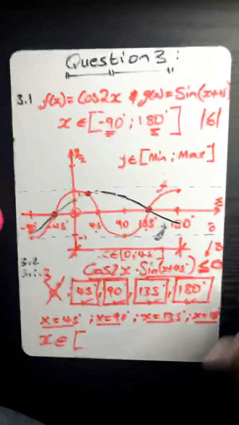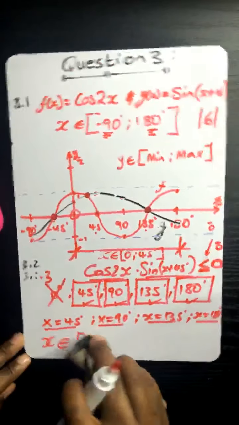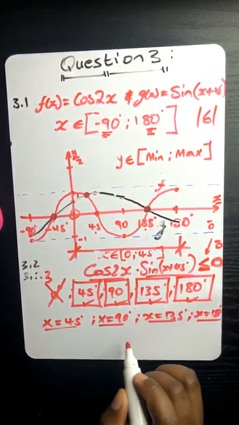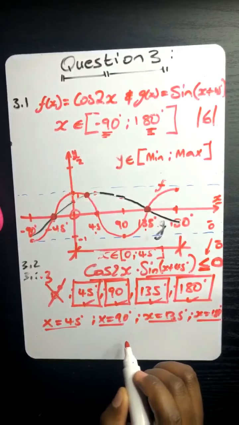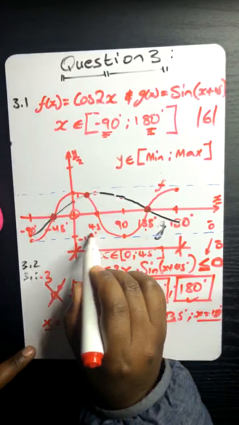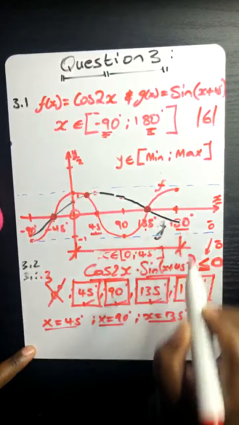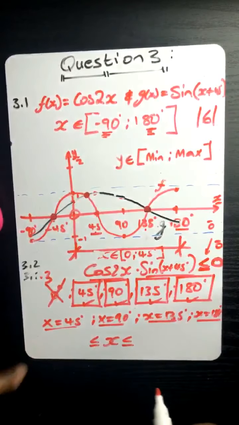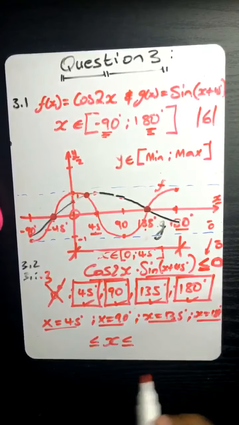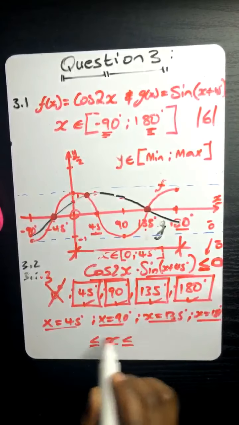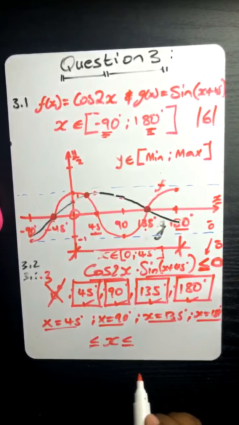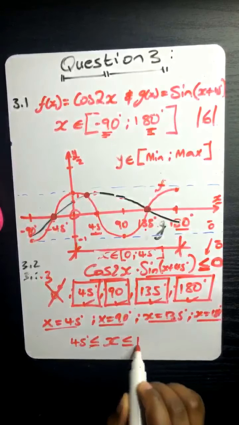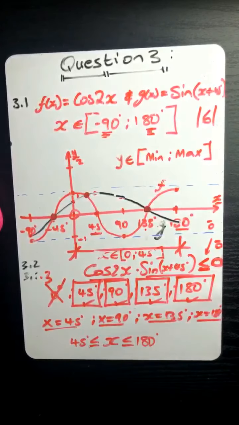No. Let me write it in the form of an inequality to say that x is between 45 and 180 degrees. So this is how you write between. Between what and what? Is it not between 45 degrees and 180 degrees?